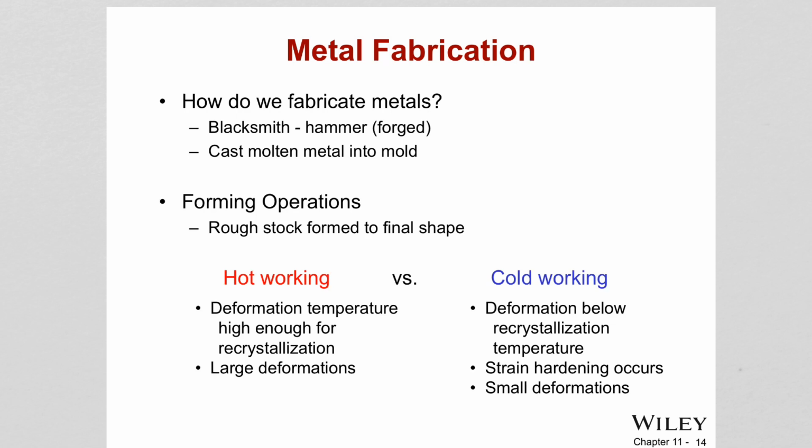Okay, so hot working has the disadvantage of oxide formation on the material, because oxidation, remember, is a diffusion controlled process, atomic diffusion. So when you go to higher temperatures, atomic motion rates are increasing, therefore oxidation is increasing.